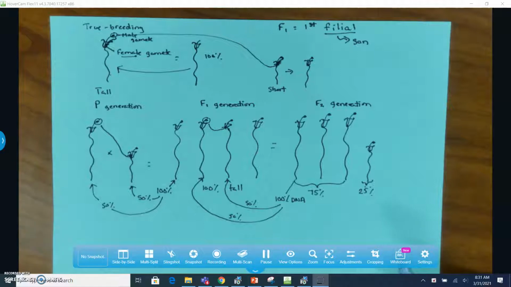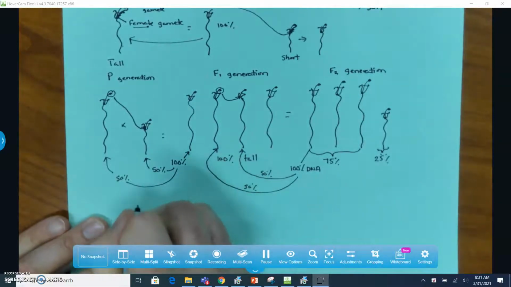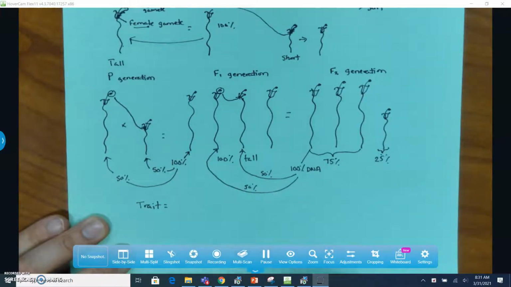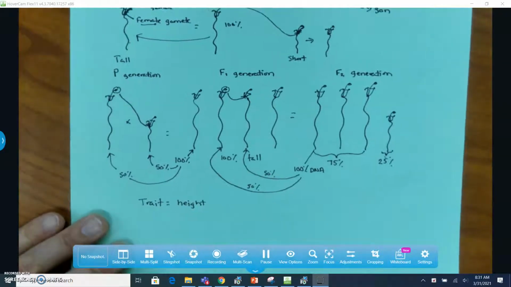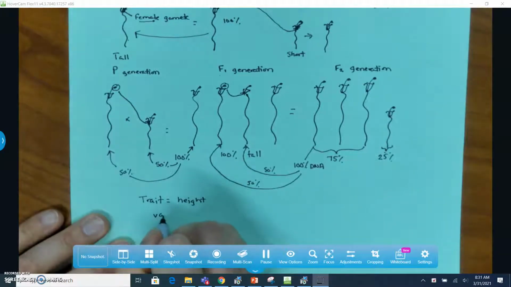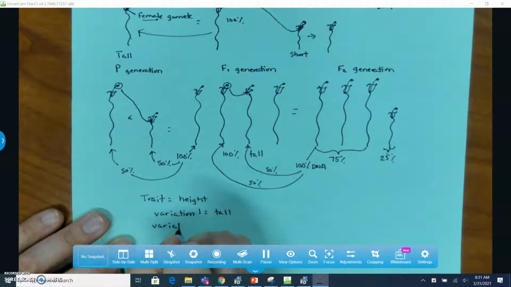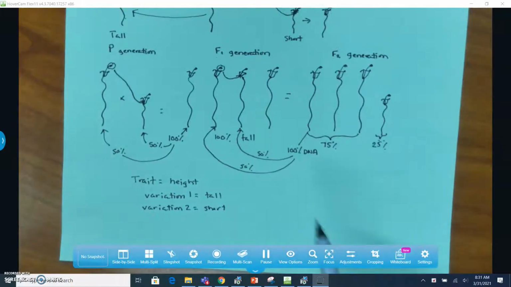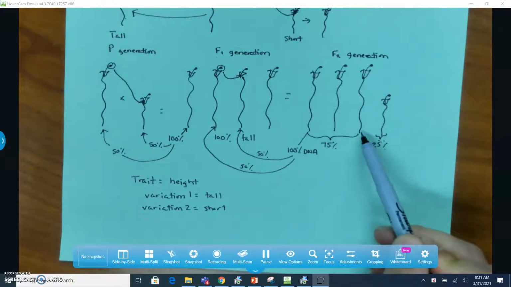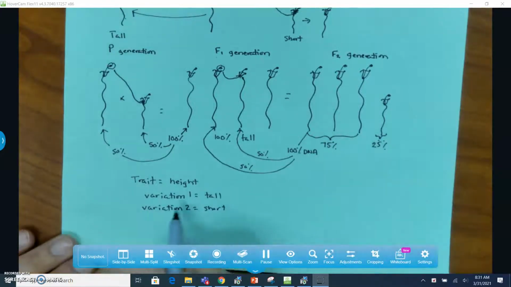What he started to realize was that traits can have different variations. So in this case, the trait that he was observing was height. And there were 2 variations for height that he saw. Variation 1, tall. Variation 2, short. So he realized that something was in these plants that caused them to have the first variation.